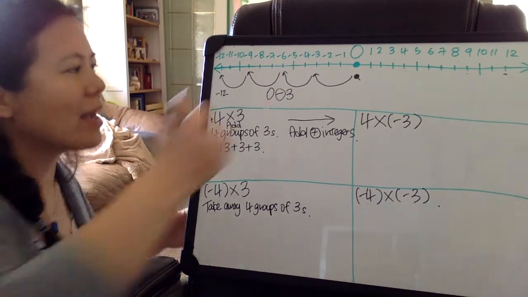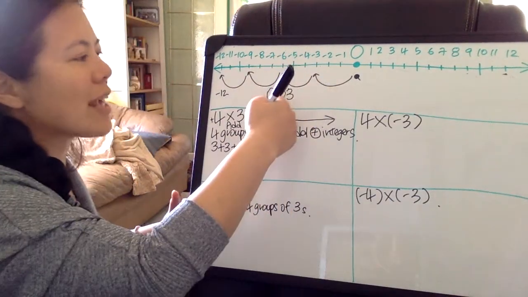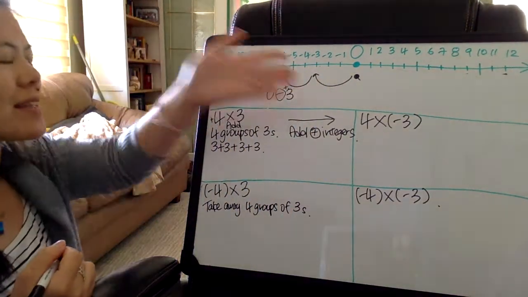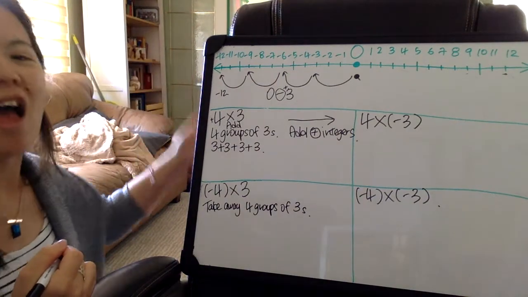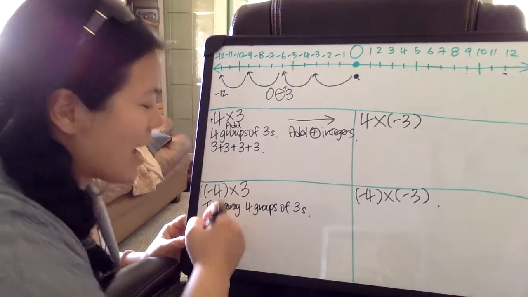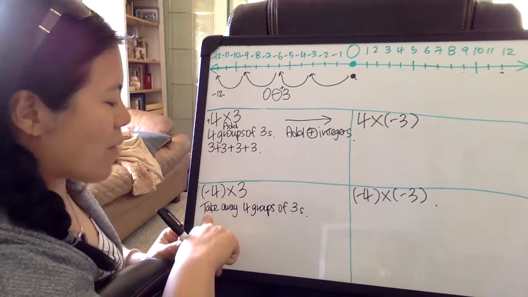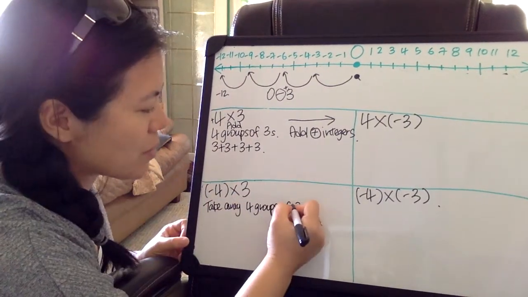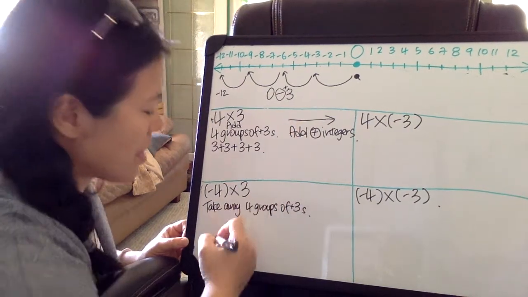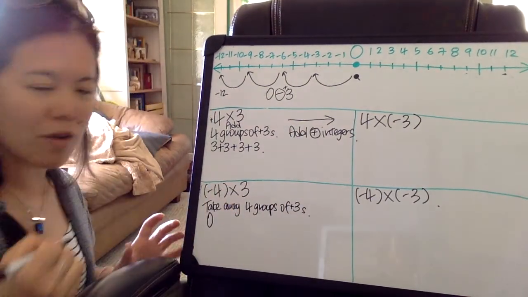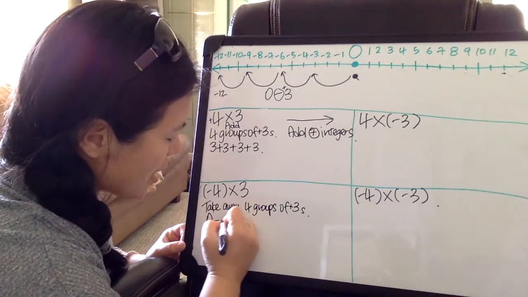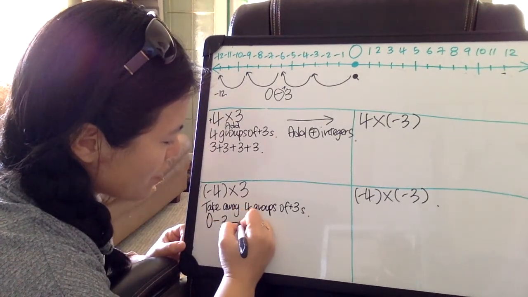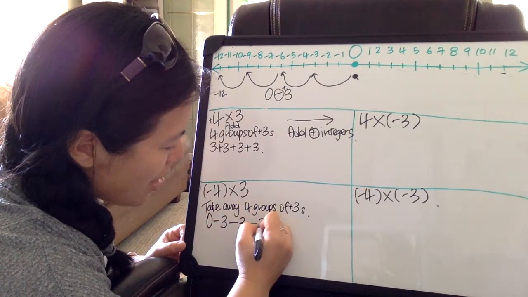I took away, this is a positive 3, right? You take away positive 3 integers. That's exactly what I did, and I did that 4 times. So in a way, you could take away 4 groups of positive 3 integers. I should probably indicate these are positives. You start at 0 and you take away positive 3 integers 4 times.